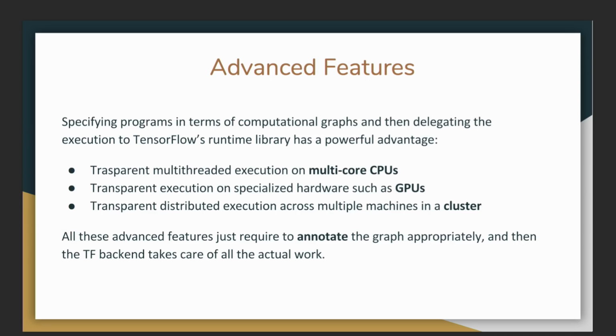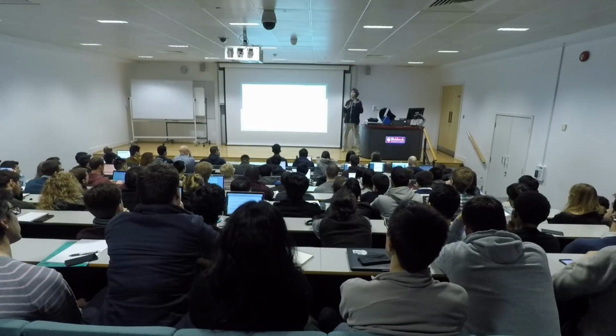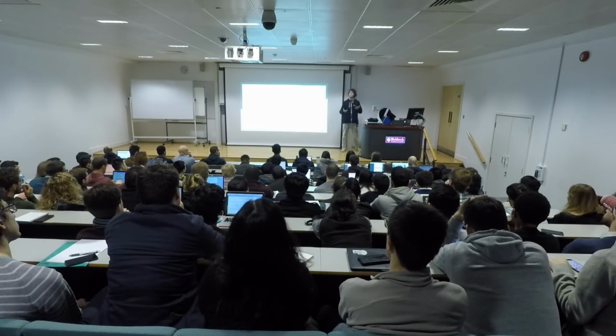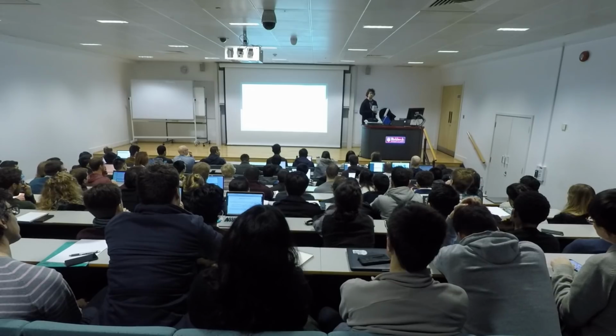For instance, multi-threaded execution, which we partially already discussed, happens for free. Everything that does not have a dependency on each other, TensorFlow will just try to execute as fast as possible. If your computer has 8 cores, and there are 2 things that can happen at the same time, it will just schedule them on 2 different cores and get a good multi-threading in a totally transparent way.